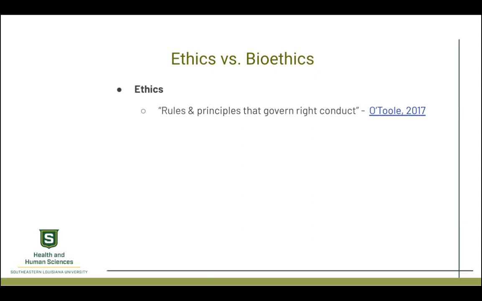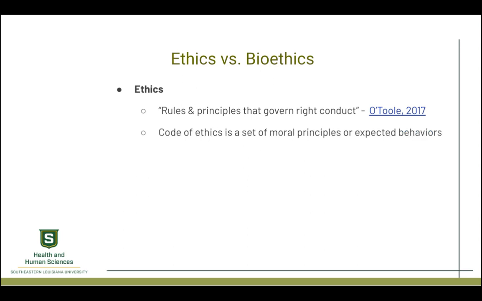So this is where the rules and principles come in. These are the rules and principles that determine what right conduct is within the setting that is being specified, rather than in general. For the most part, right conduct is not general. It can be quite specific or applied to context.